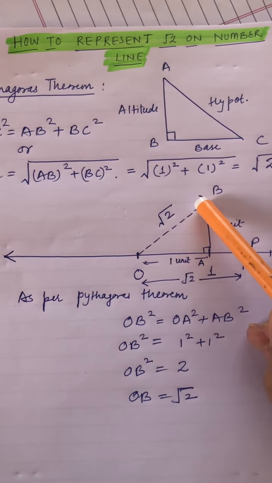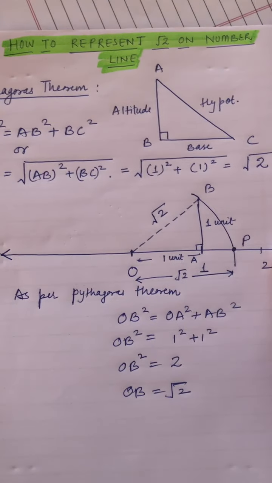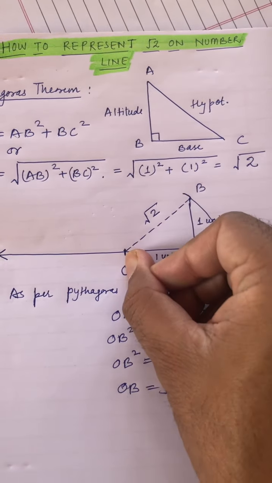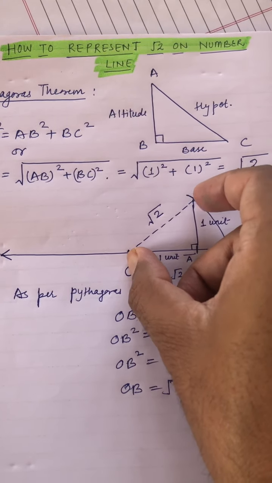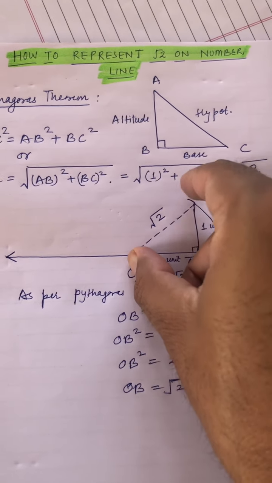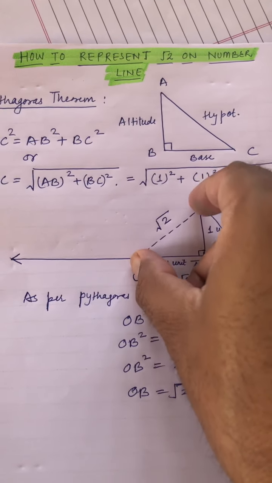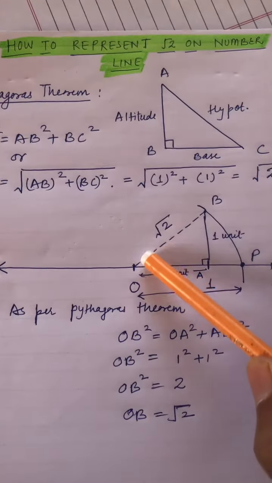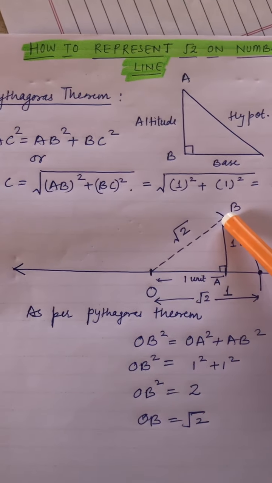Now this length is to be represented on this number line. So for this, we'll put the needle of the compass here, and we'll take this arc OB. Now you make an arc like this. When you cut an arc, you will put the needle here and pencil here.